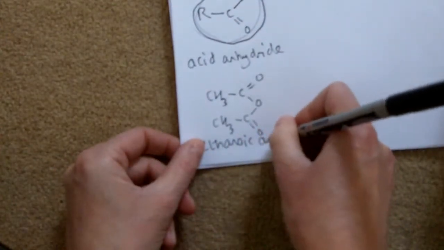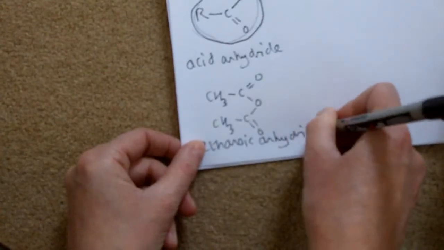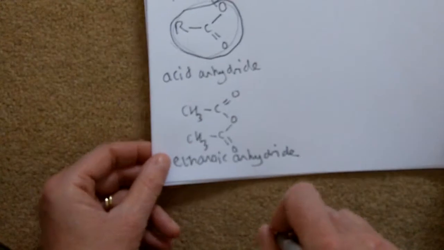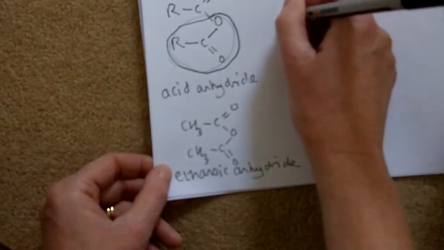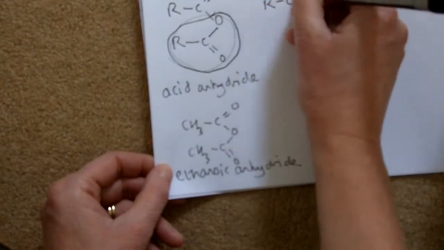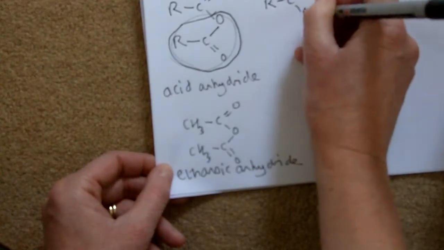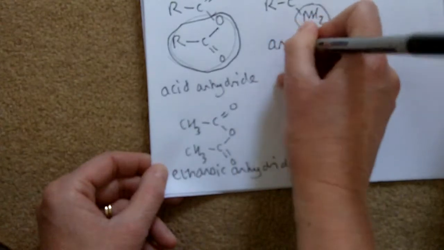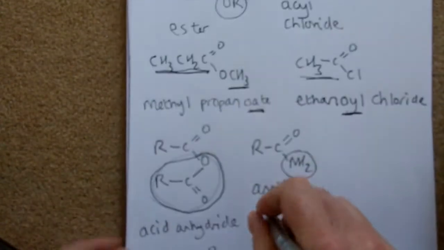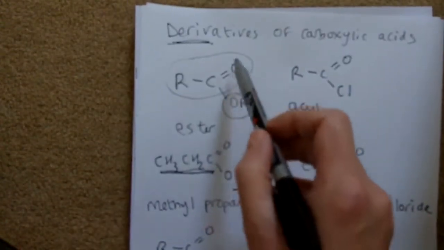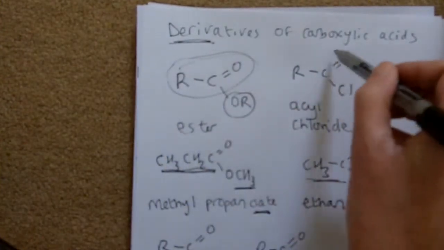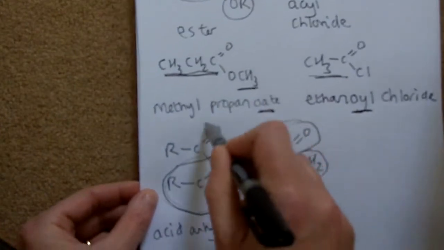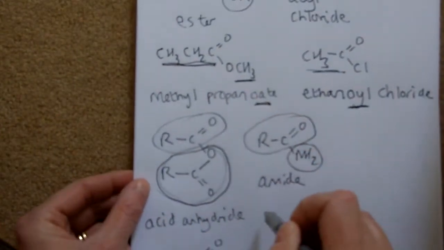Ethanoic anhydride. And then the last one is amide. If you have RC double bond O, NH2, like that, then that is called an amide. Do you see what they've all got in common? They've all derived from the carboxylic acid. That part, RCO, is something else added.